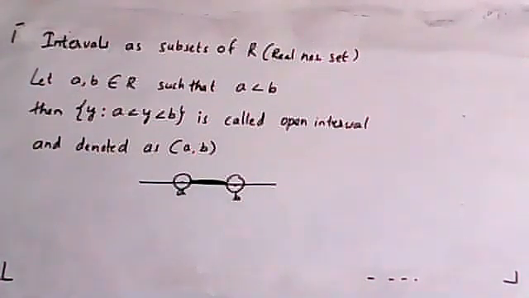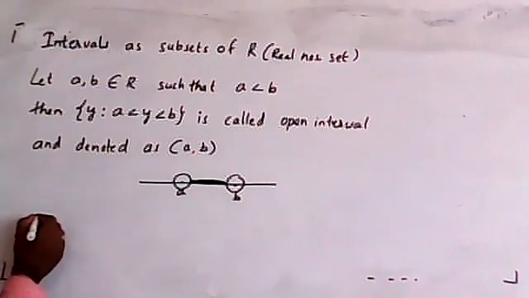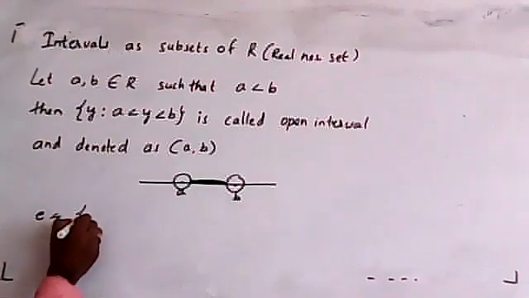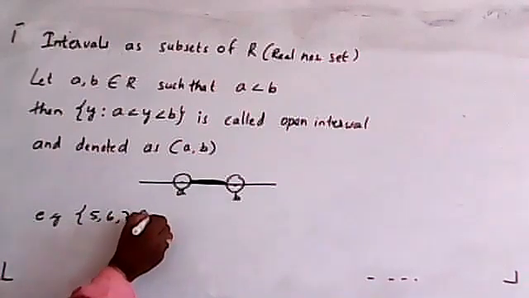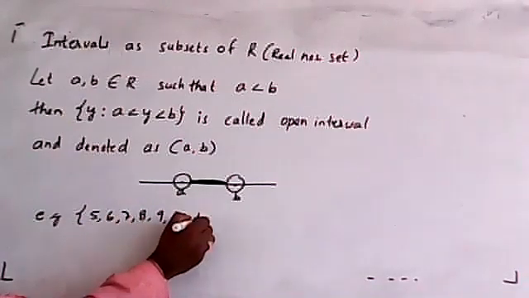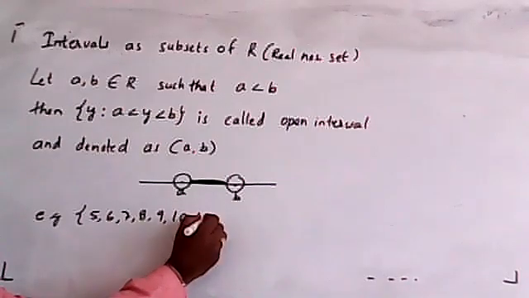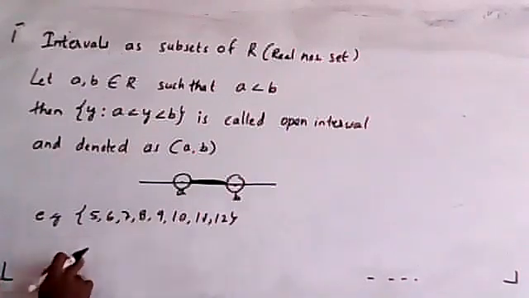Suppose I have given a set. Let me give an example now. There is a set having the elements 5, 6, 7, 8, 9, 10, 11, 12. This is a somewhat bigger set.